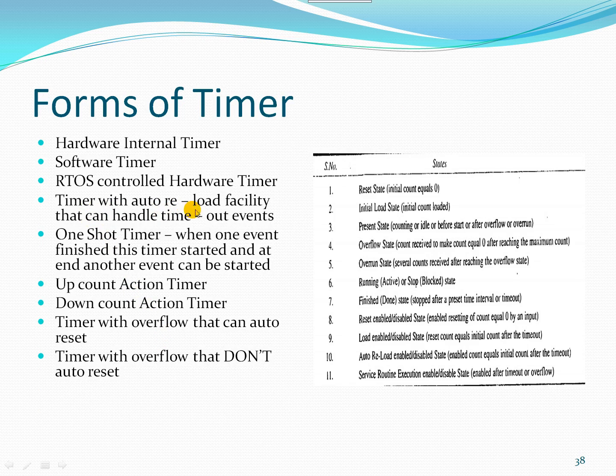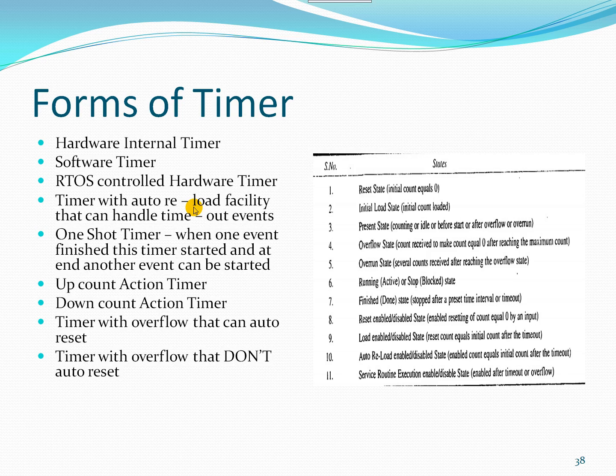And timers with auto reload facilities can handle the timeout events. Auto reloading facilities are going to be used for most of the counter and manufacturing units' monitoring circuits. So those kinds of timers can be used in those types of timeout events.